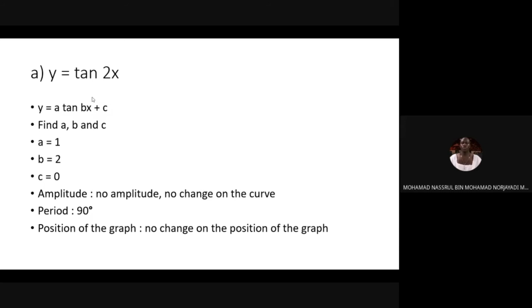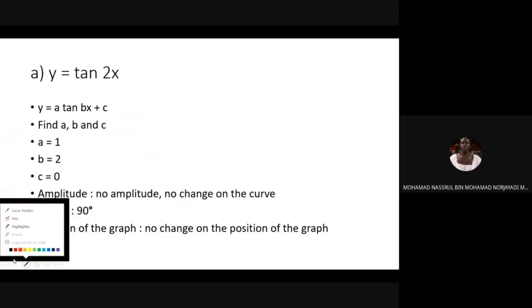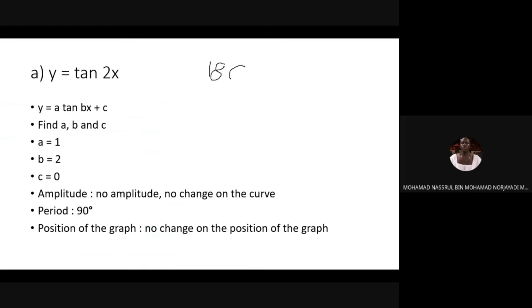If the a value is more than 1, there might be a change on the curve, but this one a is equal to 1. So the period is 90 degrees. How do we get the period equal to 90 degrees? We use the formula 180 over b. We just substitute the 2 to get 180 over 2, so we get 90 degrees.